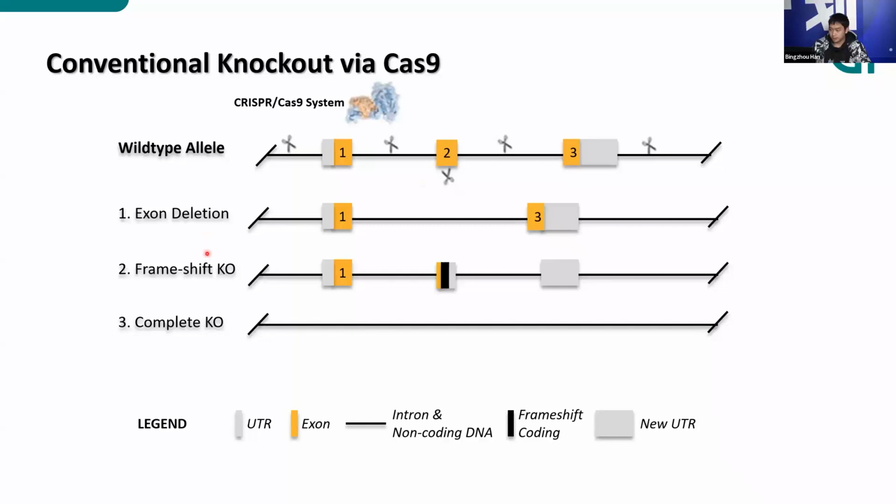So these three strategies can all generate a functional null allele. However, the application of these strategies is dependent on the gene structure and the purpose we want. We need to choose different strategies on different occasions.